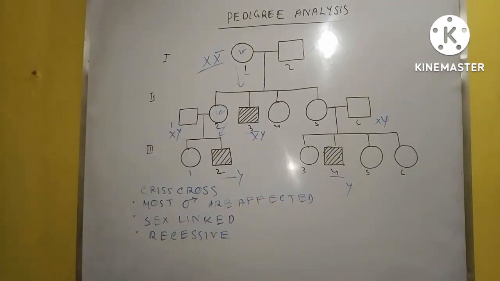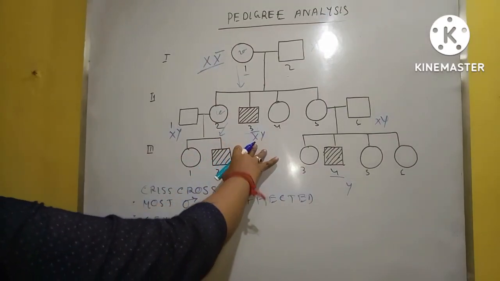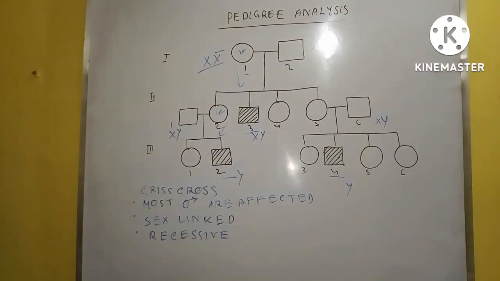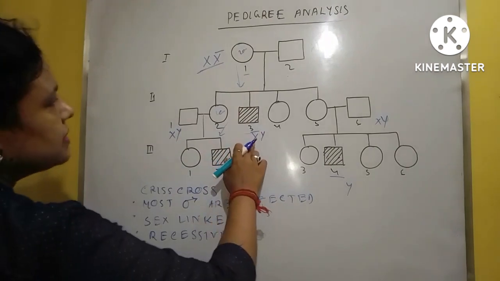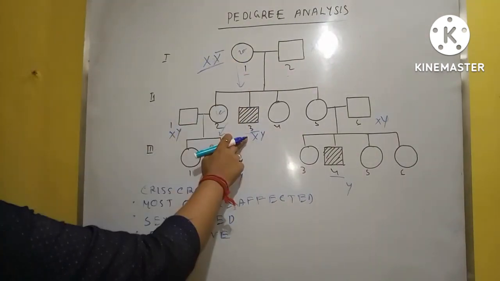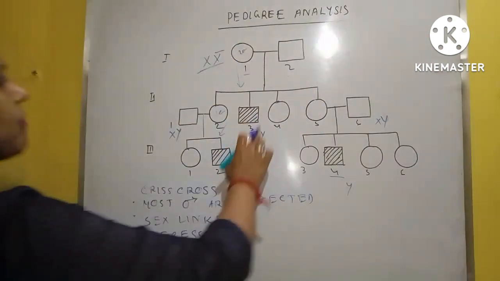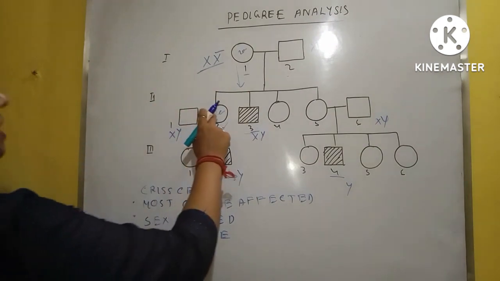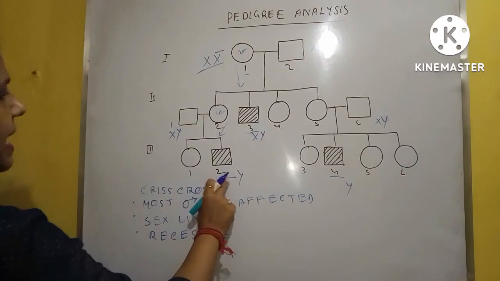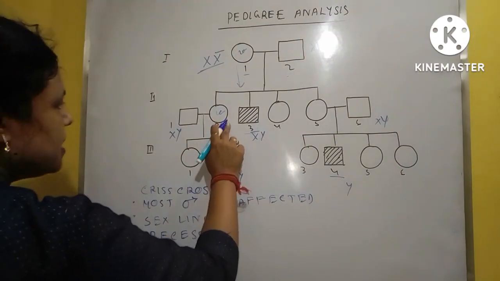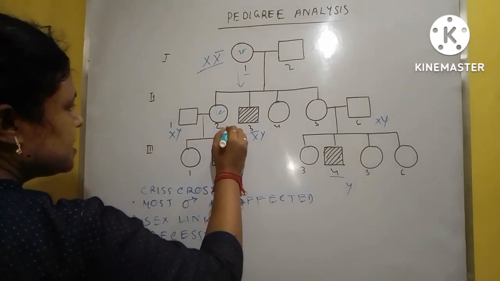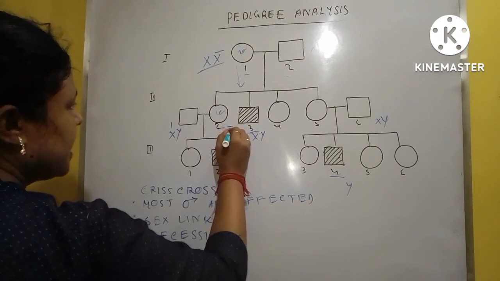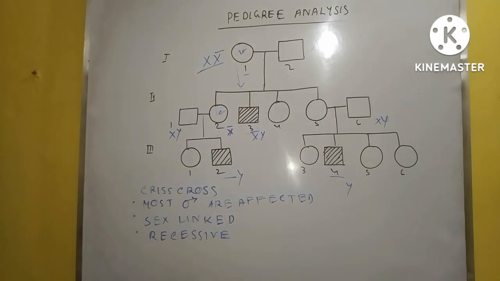As it is X bar, the X bar is coming from the mother obviously, and Y is coming from the father. And as the male is affected, one diseased X must be there.